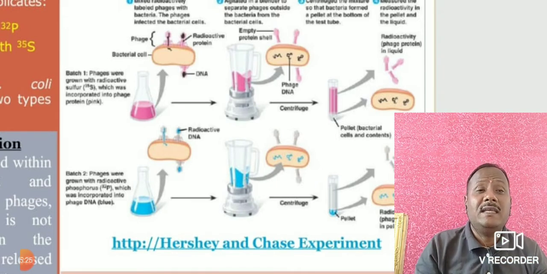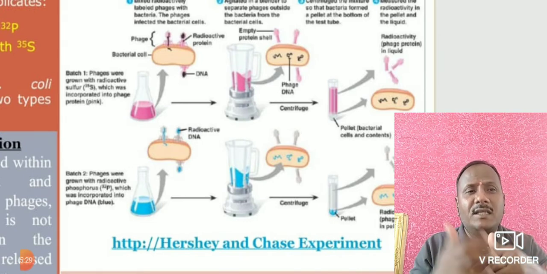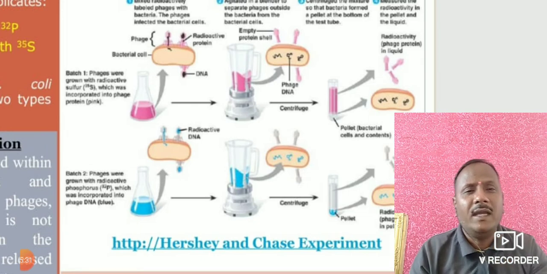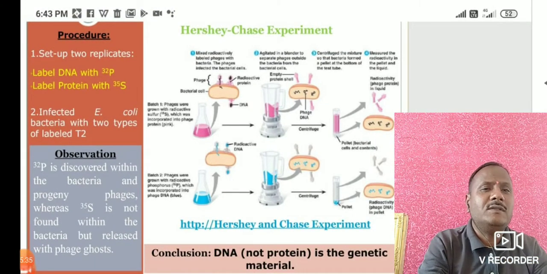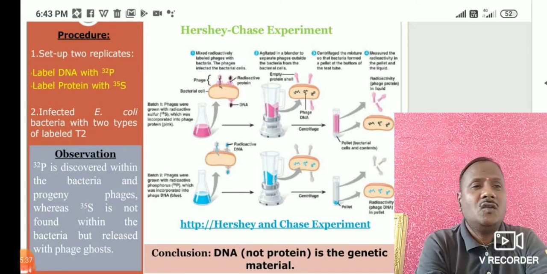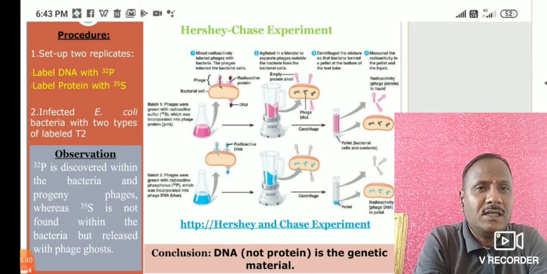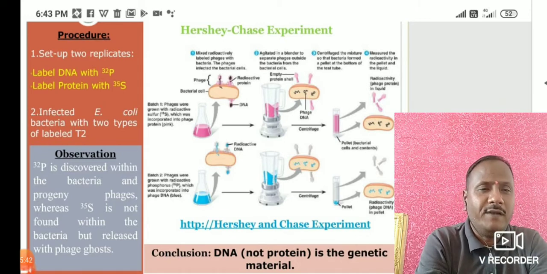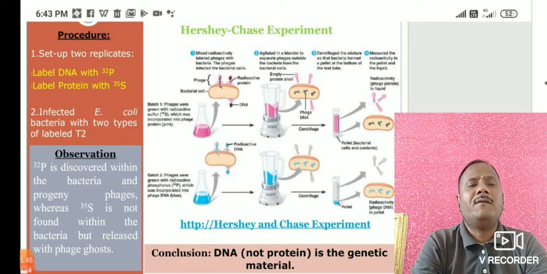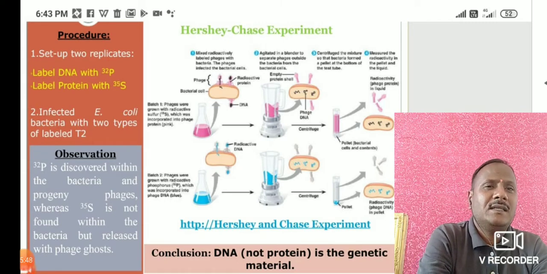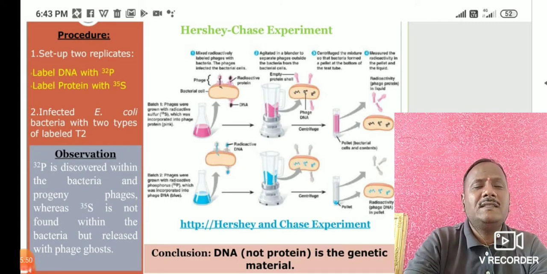It means that DNA is the genetic material transferred from one generation to another. So students and my dear friends, with the end of this experiment I finally conclude that these three experiments proved DNA is the genetic material.